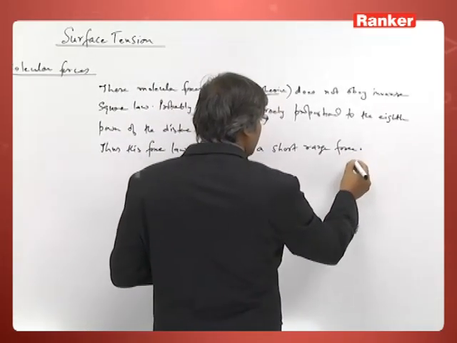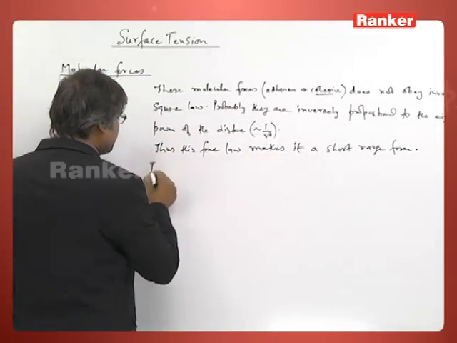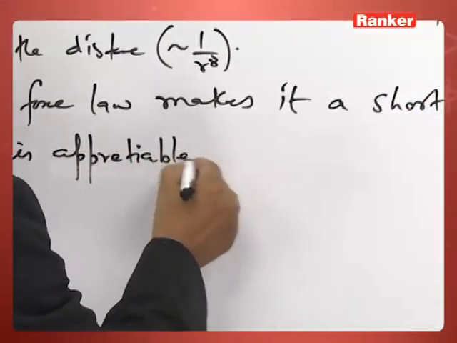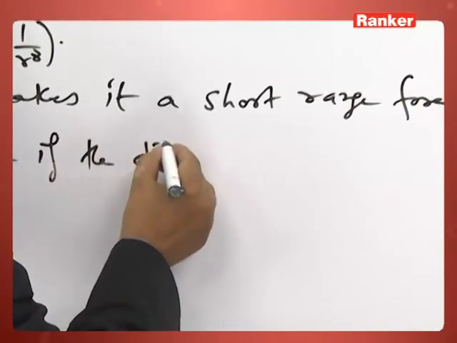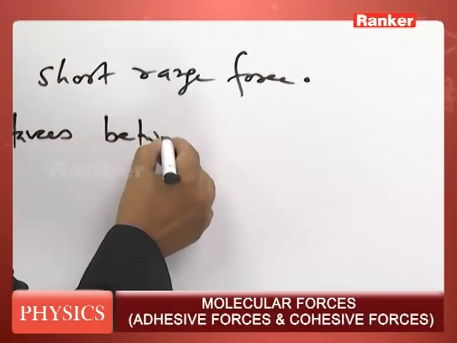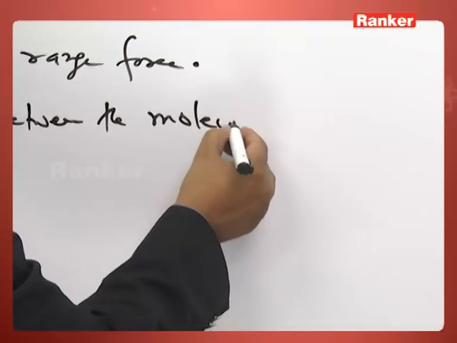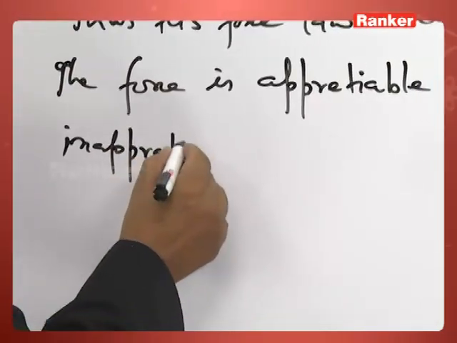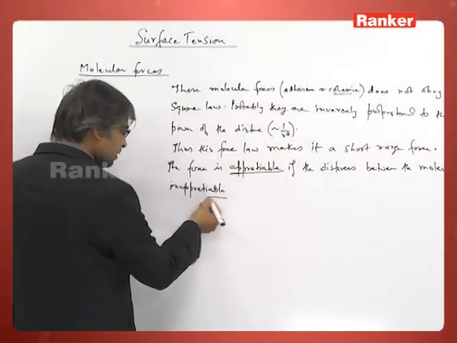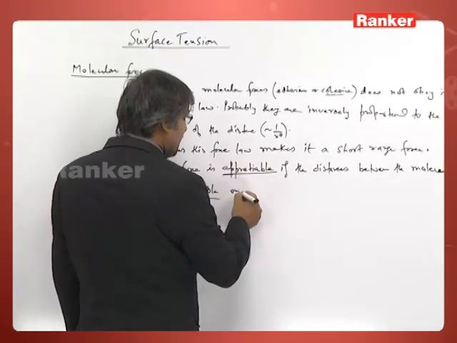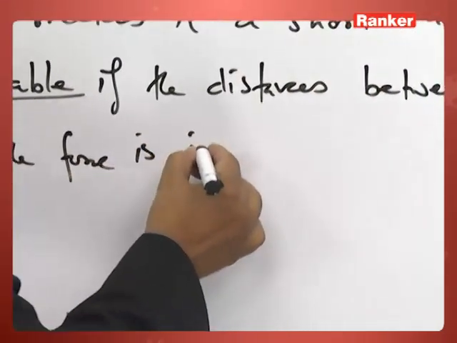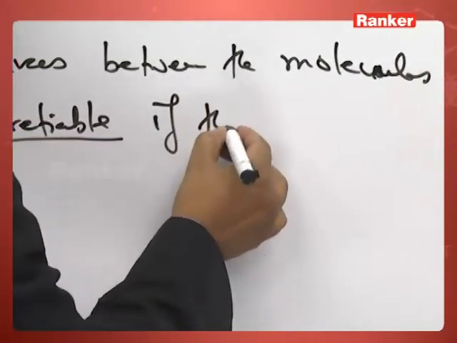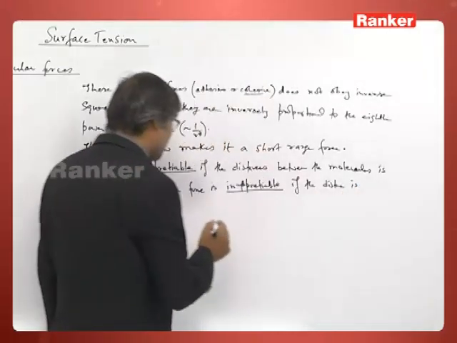The property of short range is that the force is appreciable if the distance between the molecules is inappreciable, and the force is inappreciable if the distance is appreciable.